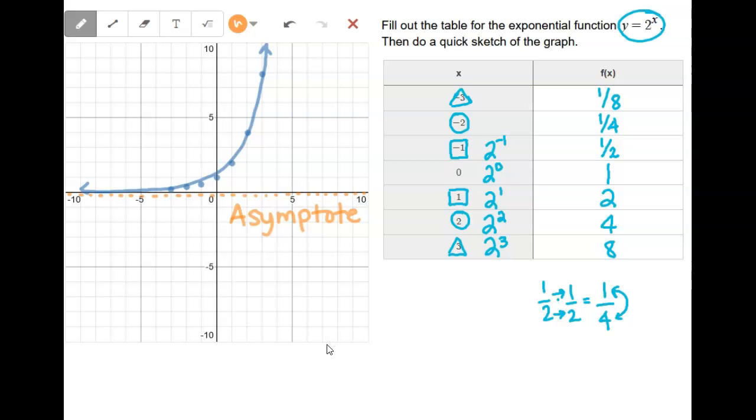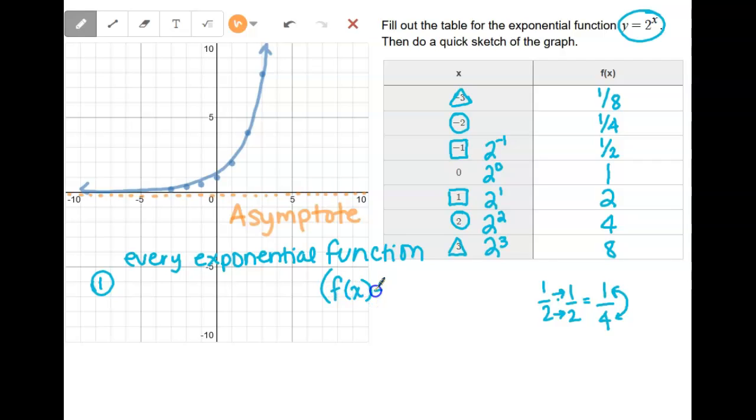Okay? So every exponential function has some things in common. So one of those things that they have in common is that every exponential function, okay, so these are functions that are f of x is equal to base to the power of x. So all of these functions have a few things in common.